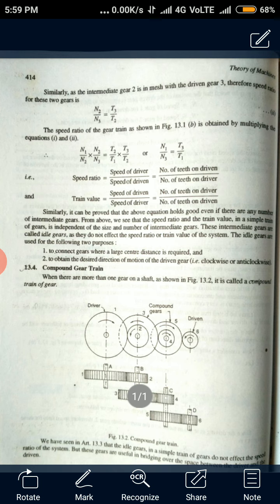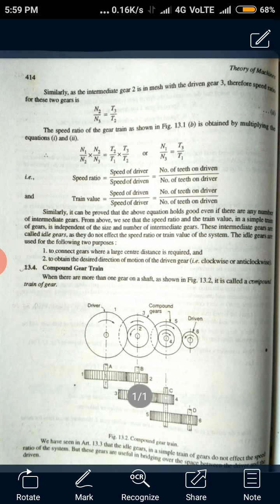Next, gear 3 meshes with gear 4, and gear 5 is on shaft C. Again we have two gears, gear 4 and gear 5, so again shaft C is a compound gear train. Next, the last one is shaft D. It has only one gear, that is gear 6. You can say this one is a simple gear train.